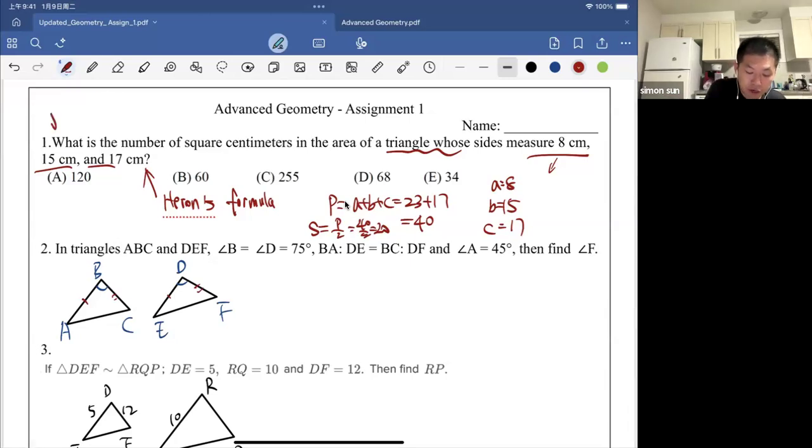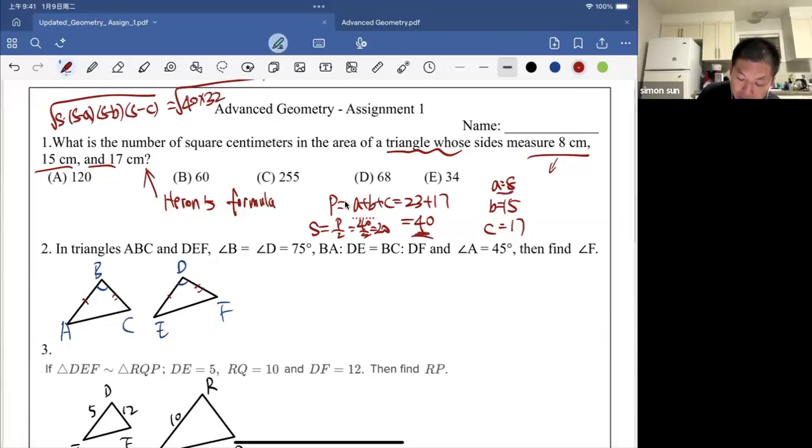Heron's formula is S times S minus A, S minus B, S minus C. And S we just calculated is 20. The difference between S and A is 12, S and B is 5, and S and C, the difference is 3.